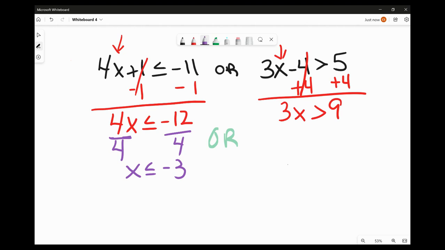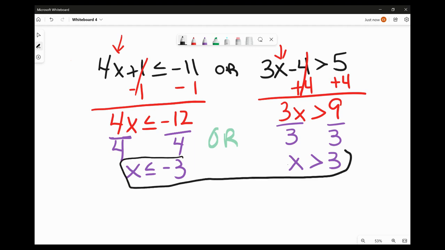Now I have to get rid of the 3. Since it's multiplying by x, I would divide by 3. Now I get x is greater than 3. So my solution is x is less than or equal to negative 3, or x is greater than 3.